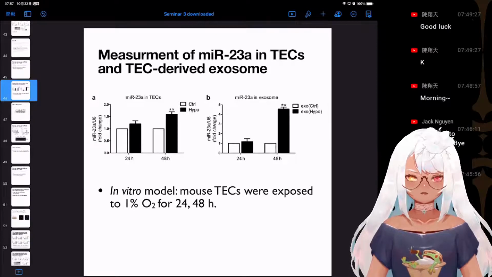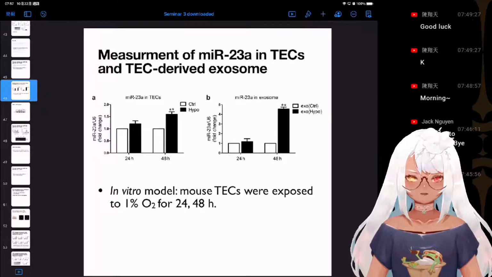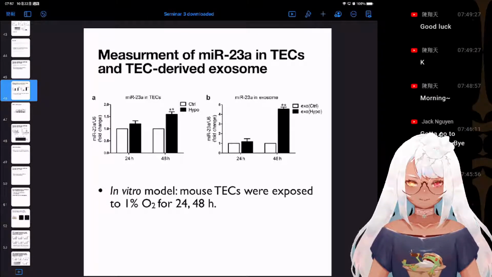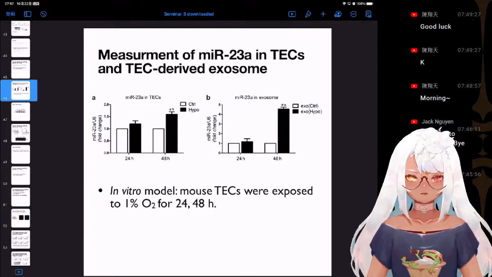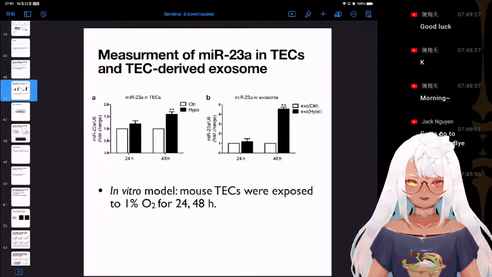However, in 48 hours, the increase in TEC in the hypoxia group compared to the control group is significant.